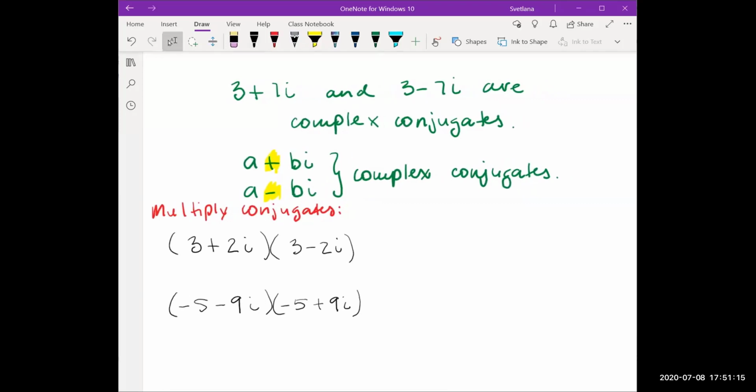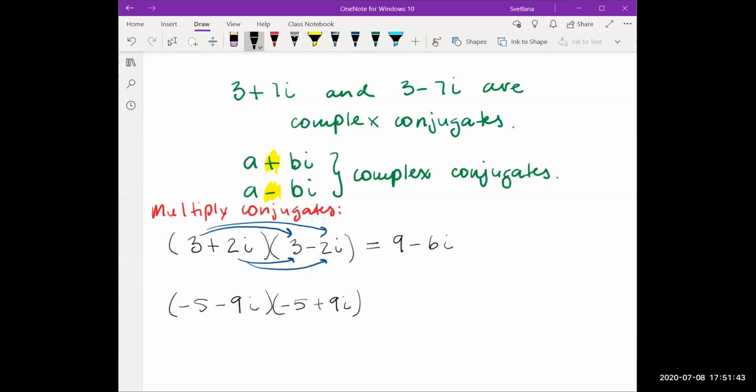Okay, perfect. So now let's multiply. Multiply the first one, kind of like the same way we did before. So let's distribute, just for the practice sake, and then I'll show you the shortcut. So 3 times 3 gives us 9. Then it's 3 times -2i, minus 6i.